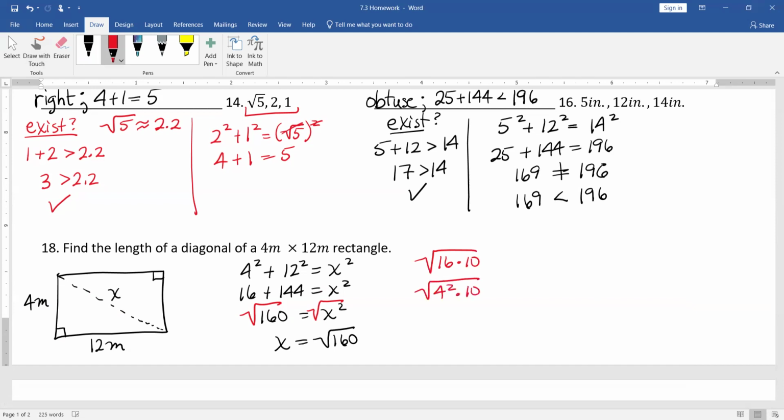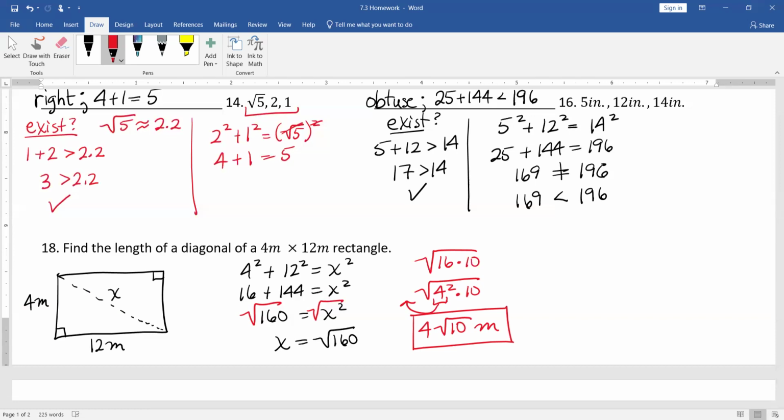Now 10 is made up of 5 and 2, both of which are prime numbers. So we can't pull any other perfect squares out of that. So that's going to stay underneath. But this 4, that squared exponent is going to cancel out with the square root. So the 4 comes out, the 10 stays in, and this is in meters, we now have the length of the diagonal. It is 4 square root of 10 meters.